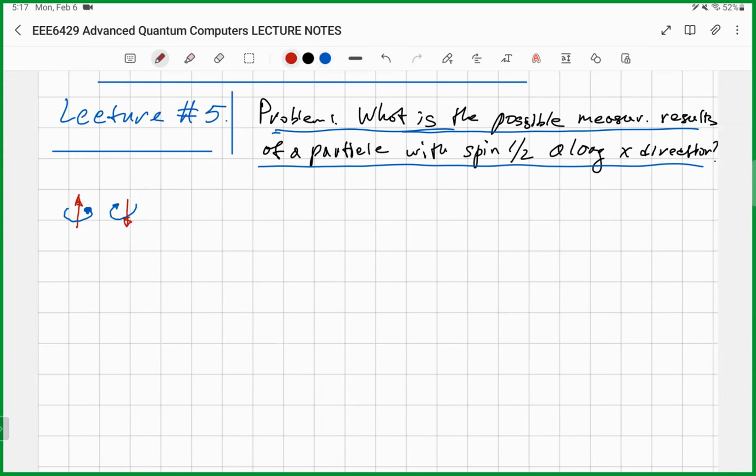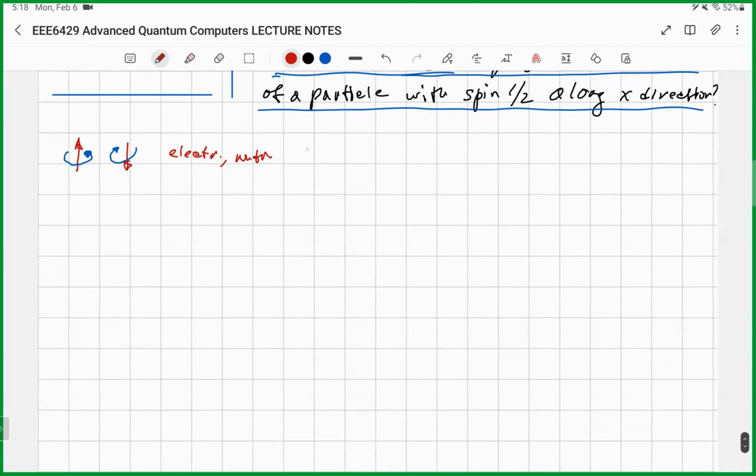This is true for particles like electron, neutron, proton, etc. This is a particle with spin 1/2.